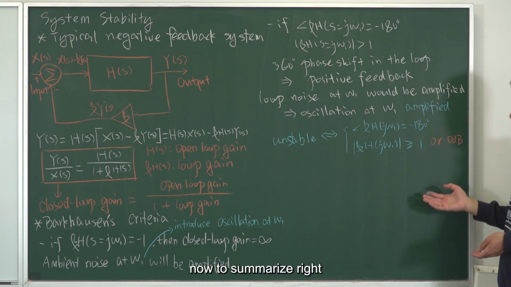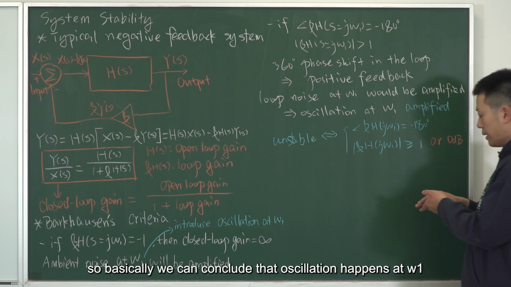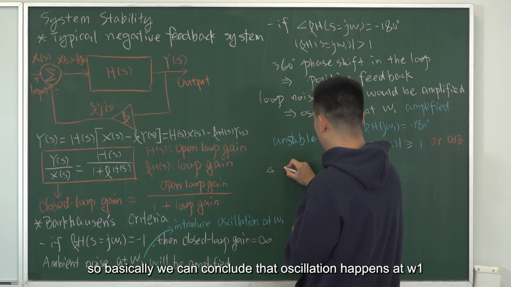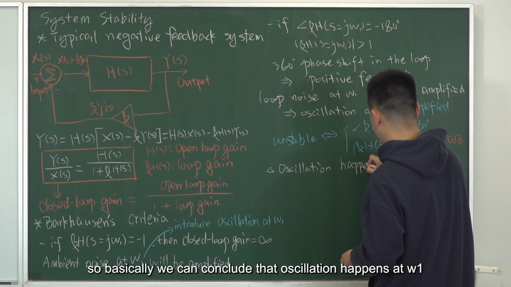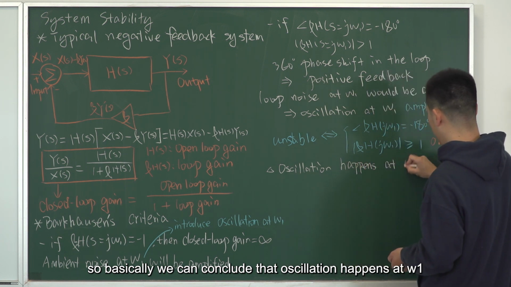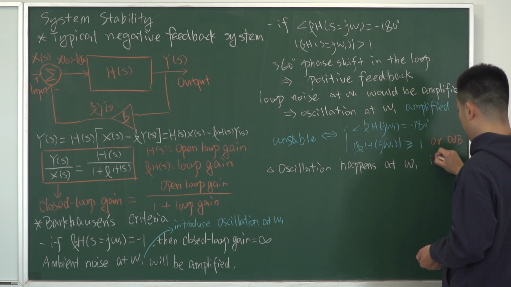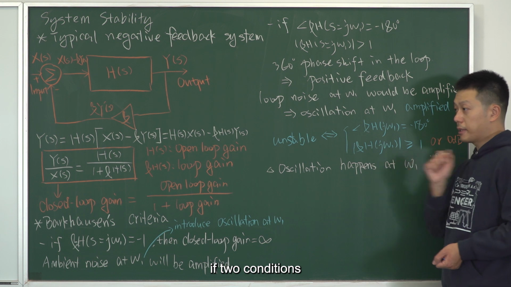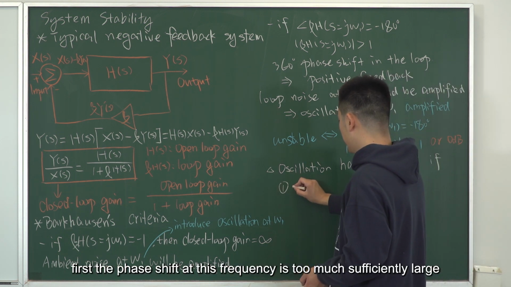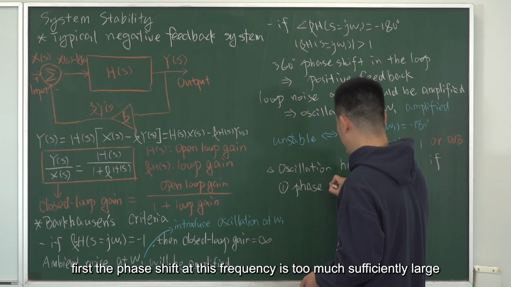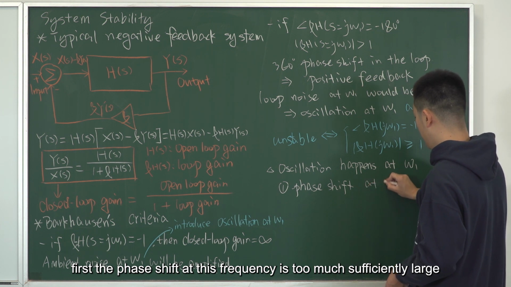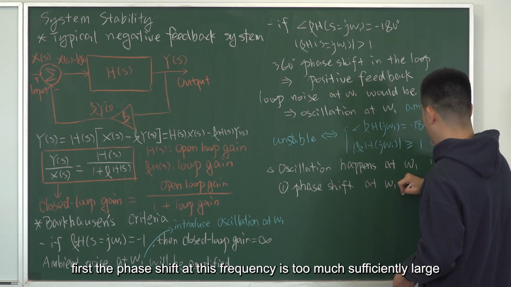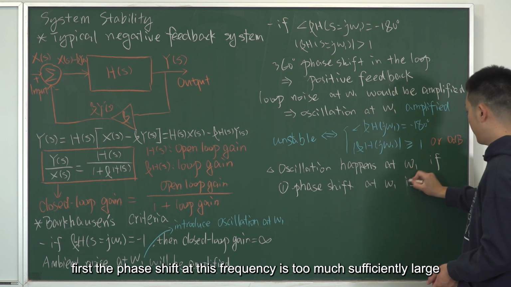Now to summarize our discussion here, basically we can conclude that oscillation happens at omega 1 if two conditions, right? First, the phase shift at this frequency is sufficiently large, right?